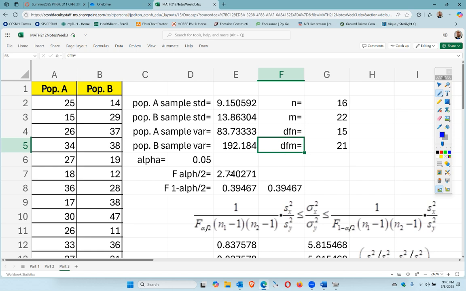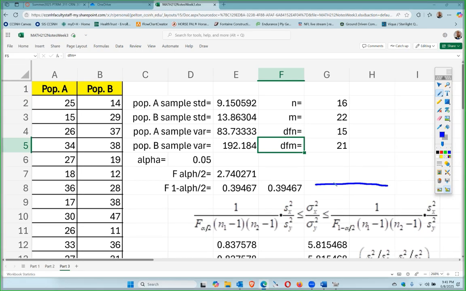So again, same picture. Since we're doing 95% confidence, alpha is 5%, which means this end over here is F of 0.025. That's our alpha divided by 2 value, because obviously it's 2.5% on either side.